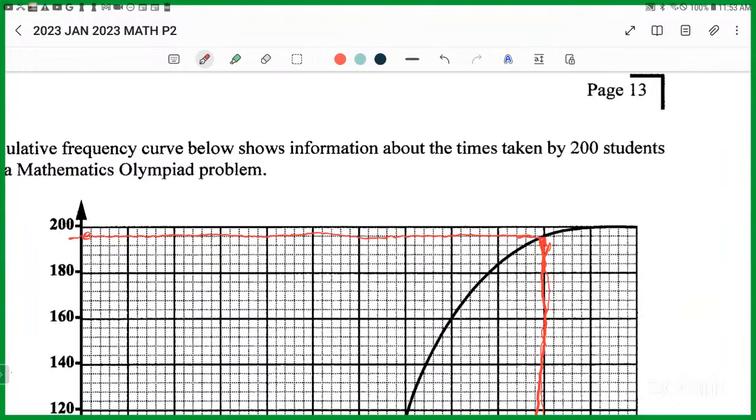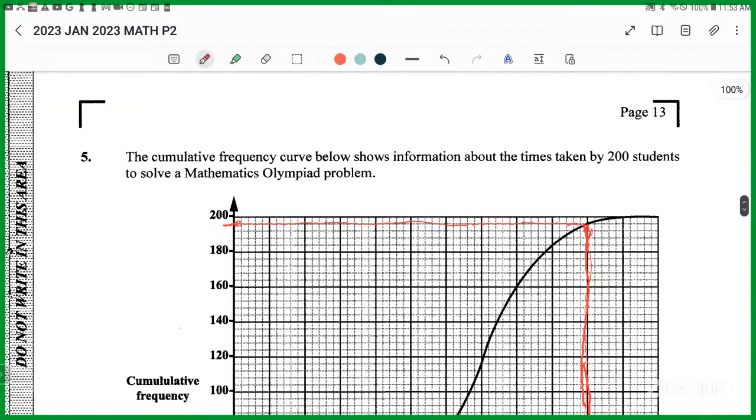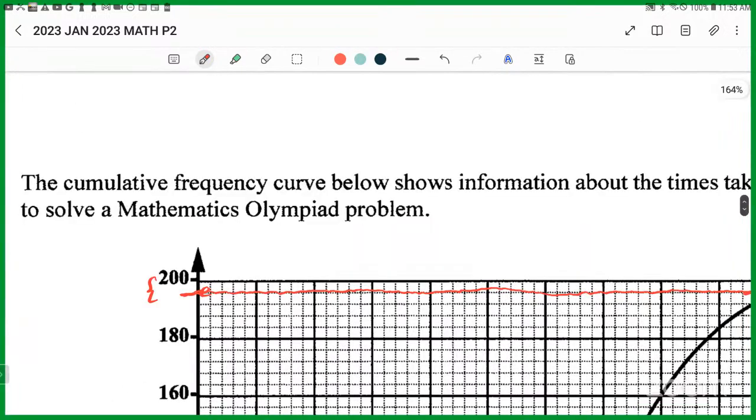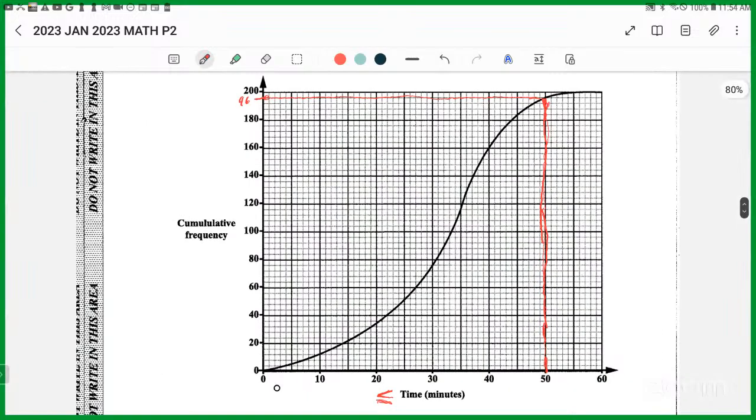So this is the number of students who took less than 50 minutes. Remember now, this interval is 4. So if right here says 200, then here is 4 less than 200, which is 96. So 96 students took less than 50 minutes.